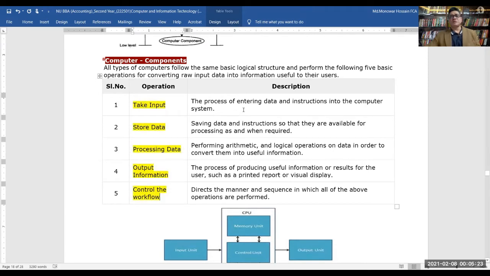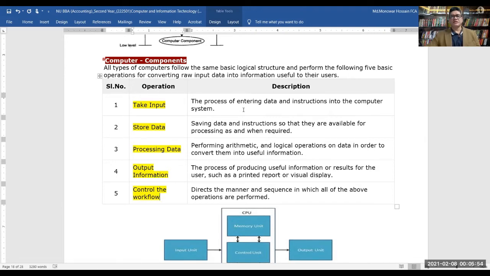Input: the process of entering data and instructions into the computer system. Store data: saving data and instructions so that they are available for processing as and when required. Processing data: performing arithmetic and logical operations on data in order to convert them into useful information.